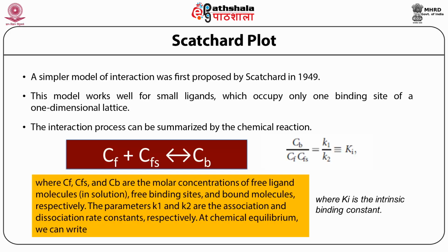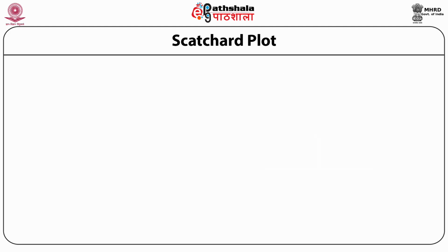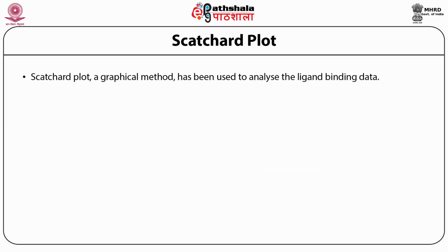The parameters K1 and K2 are the association and dissociation rate constants. At chemical equilibrium, we can write CB divided by CF times CFS equals K1 by K2, or equals Ki, where Ki is the intrinsic binding constant. A Scatchard plot is a graphical method used to analyze ligand binding data at equilibrium.